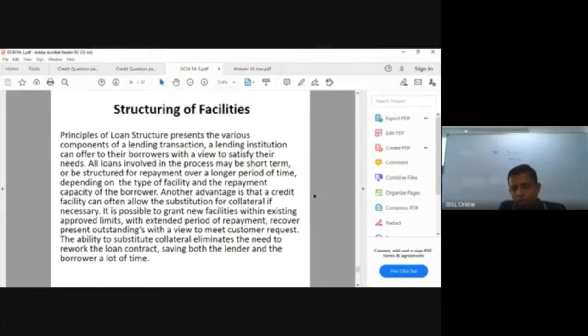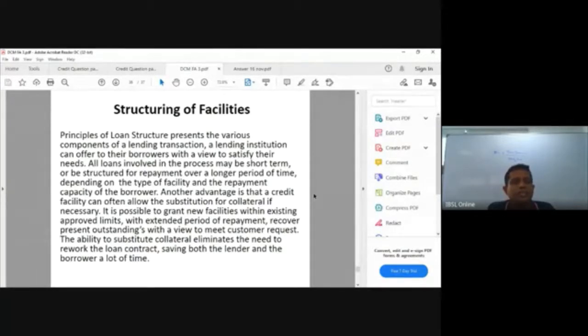You have to do the analysis, the interpretation part, and finally the risk analysis. After everything is done, you have to structure the facilities if you are willing to give more credit to this particular client. Now, normally, the principles of loan structure present the various components of a lending transaction.